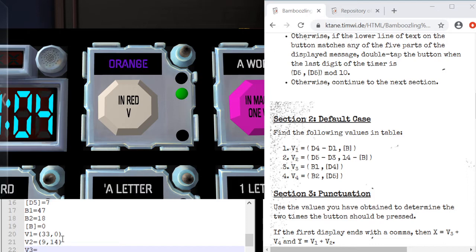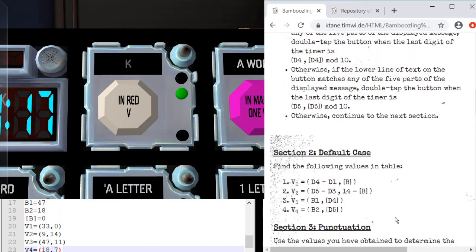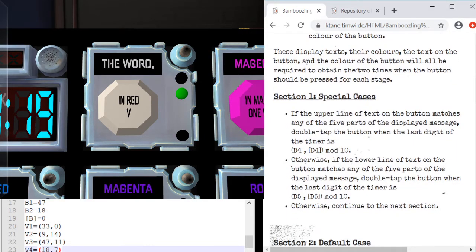V3 is B1, 47, comma, D4, which is 11, D4 in brackets, sorry, and 18, comma, D5 in brackets, which is 7. So, once again, no special cases apply.